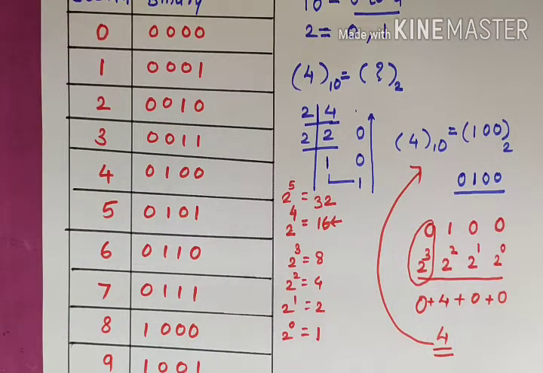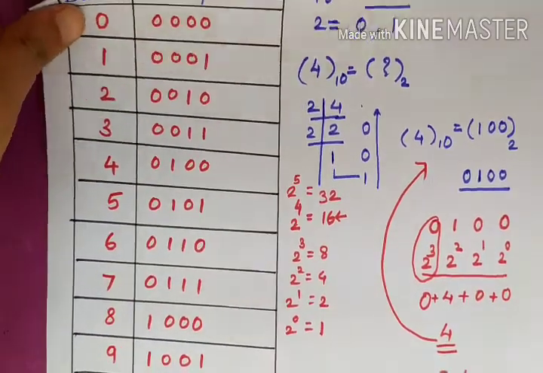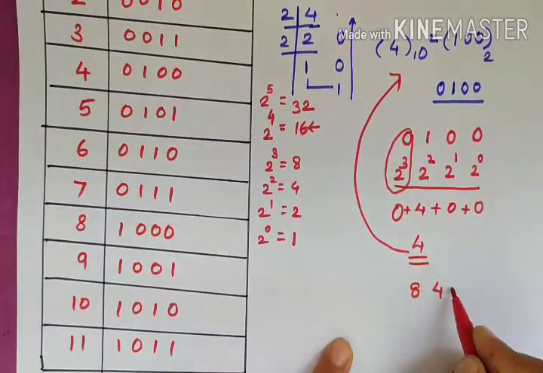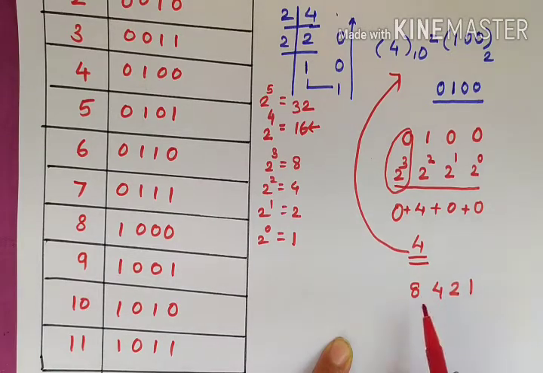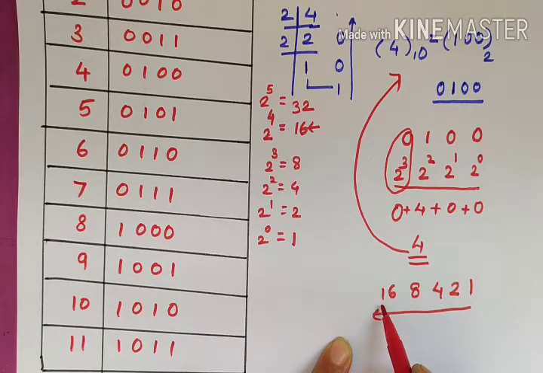Okay students, so remember that you can convert any given decimal number into its equivalent binary with the help of this code 8 4 2 1. If you have to increase it for 5 bit, this is 4 bit. Now after writing this 16, this is 5 bit.